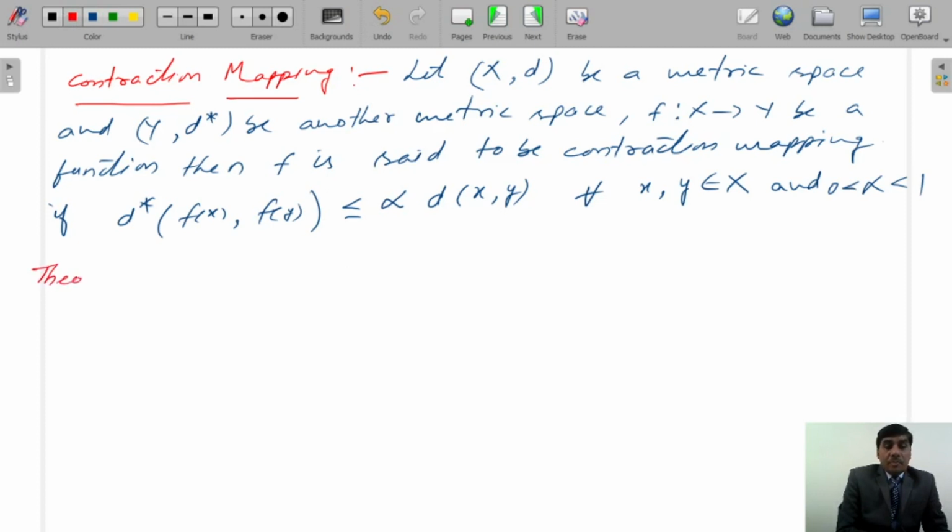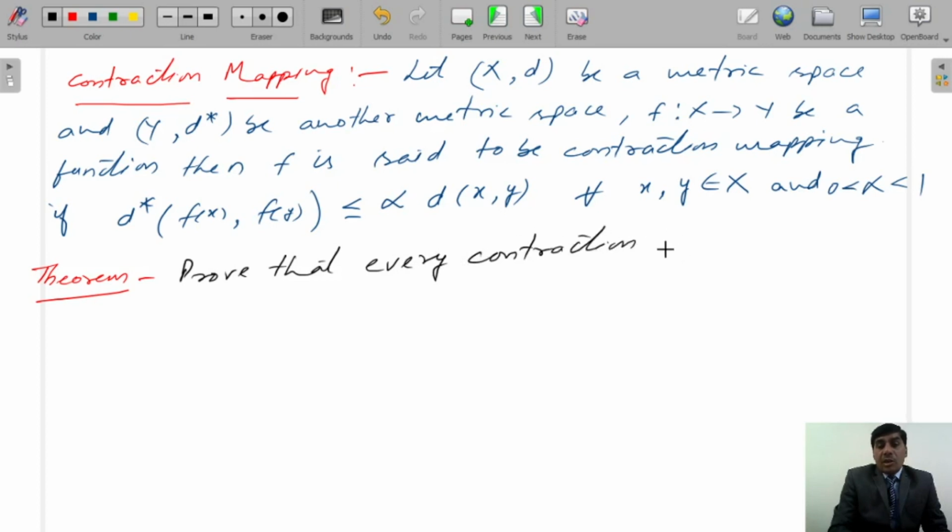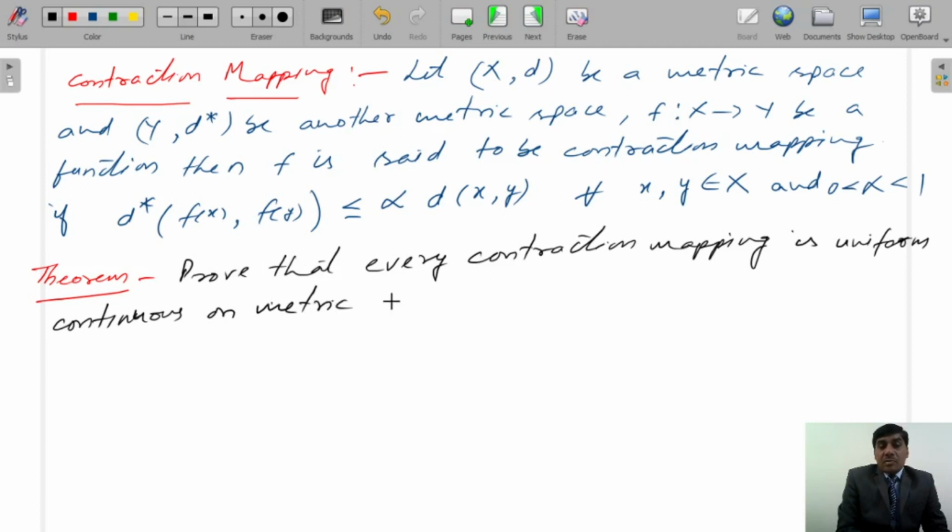Next theorem. Prove that every contraction mapping is uniform continuous on metric space X. Proof.